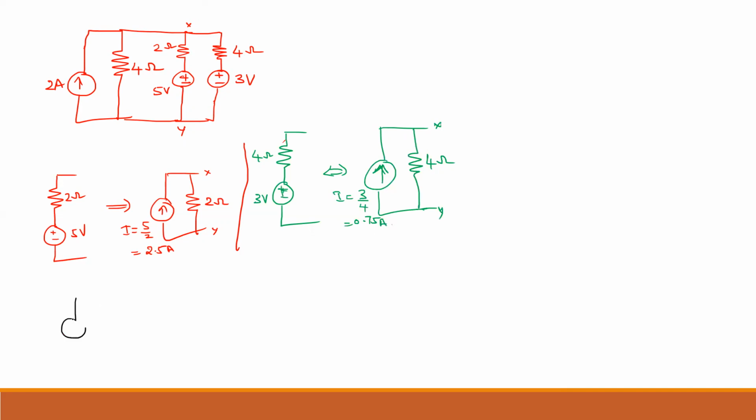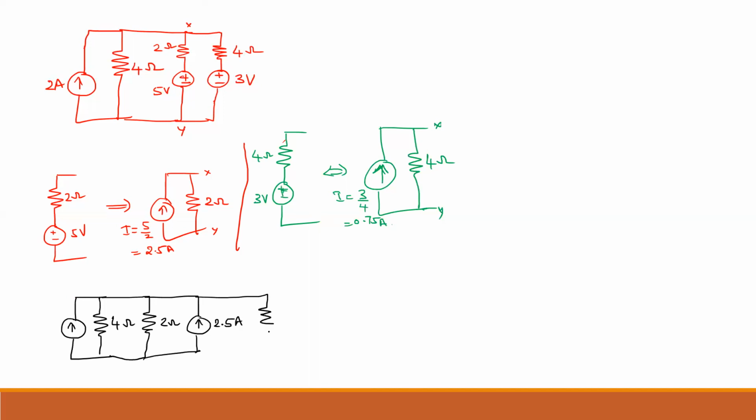I have 2 ampere and 4 ohm, 2 ohms. This is 5 by 2 or we can say 2.5 ampere. And the resistance is 4 ohm and the current is 0.75. Current direction is upward, 0.75.